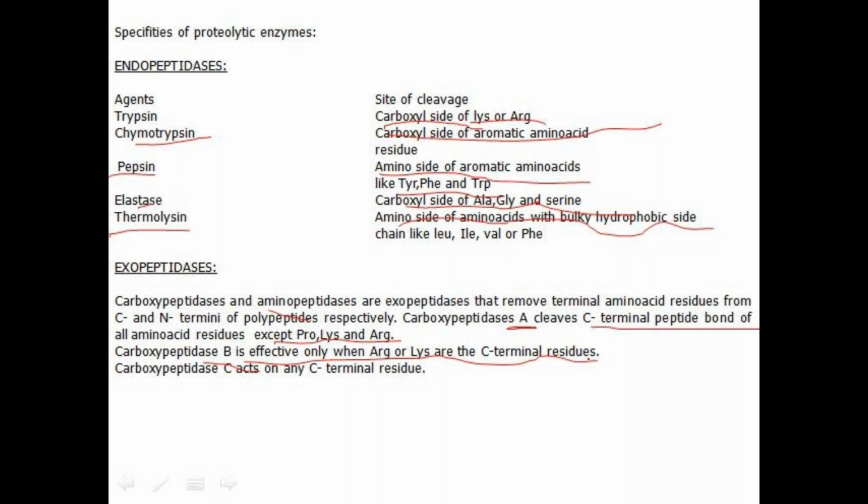Carboxypeptidase C acts on any C-terminal residues. These are the different enzymes mainly responsible for the digestion.